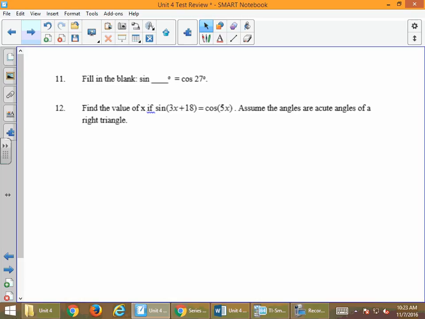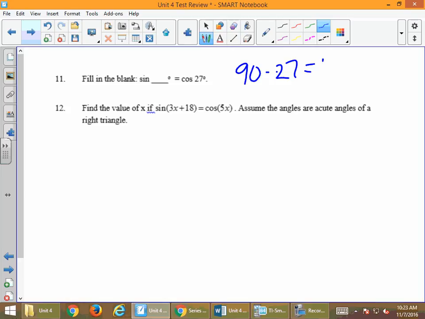So, if they equal 90, what do we just have to do with 27? Subtract it from 90. 90 minus 27 is what? Yep. So we know that blank is 63 degrees.